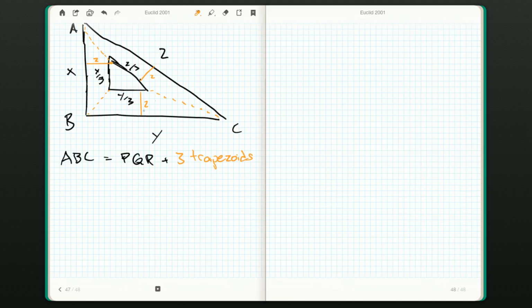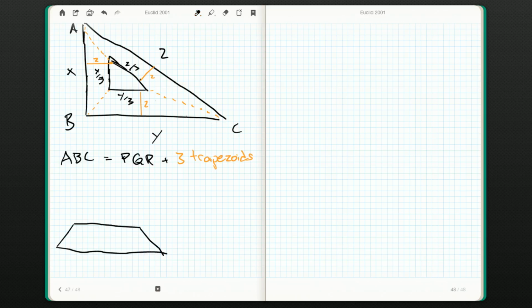Okay, so if we can figure out their area, which we can, because we know the height and we know the 2 parallel sides, we should be able to work out their areas in terms of x, y, and z. I think we'll be all set.